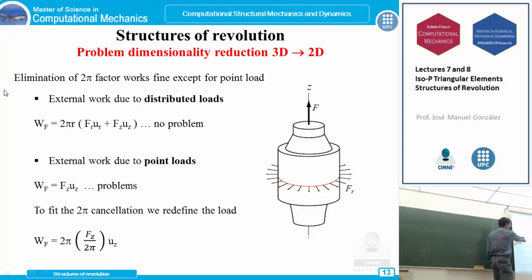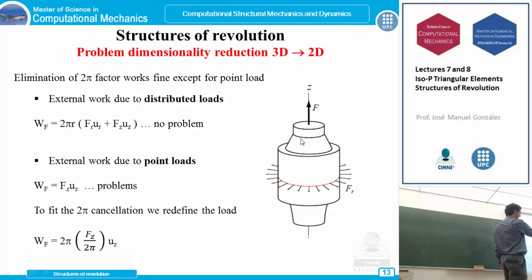If you don't have this 2π factor here, you are assuming that your external work is the load times the displacement divided by 2π, which is not. Okay? So this is the point. Because this radial load, you extend this load around the axis.